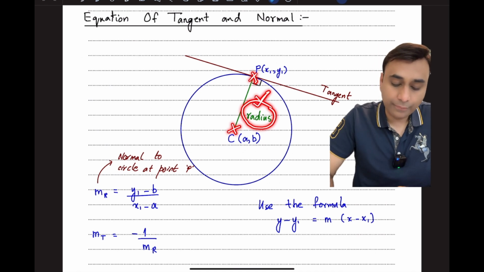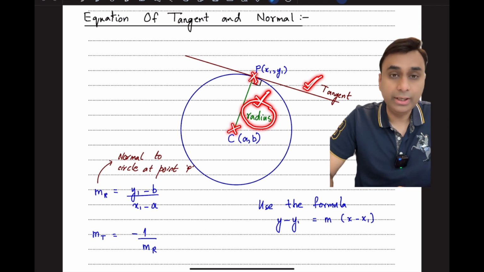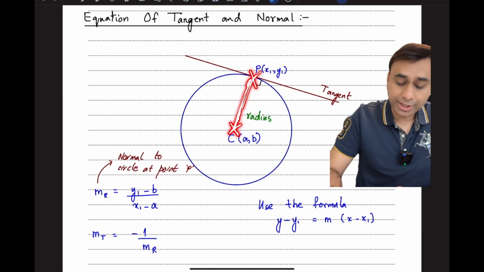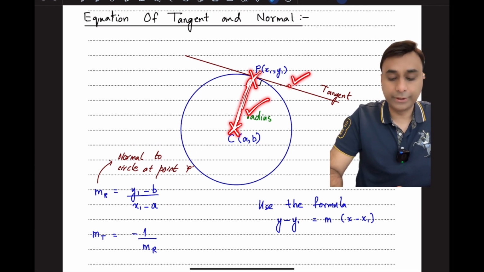And once you have found out the gradient of the radius, you can also find out the gradient of the tangent by knowing the fact that radius and tangent are perpendicular to each other, which means that the product of the gradient of radius and tangent must be minus 1, or the gradient of tangent must be negative reciprocal of the gradient of radius. So you can find out the gradient of the radius by using the center point and the point at which you have drawn a tangent, and that will be directly the gradient of the radius. And negative reciprocal of that gradient would be the gradient of tangent.